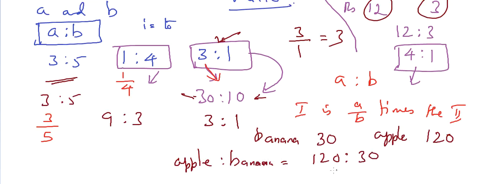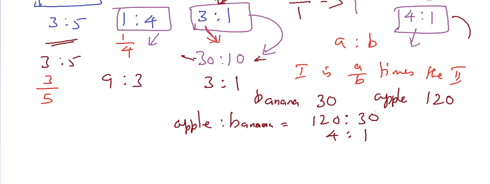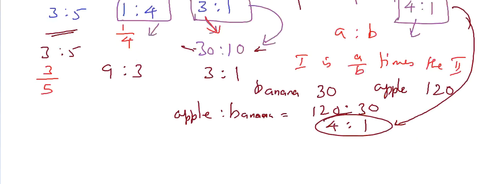If simplified, you will get the same ratio, 4 is to 1. So even in this case, the ratio between the cost of 1 pen and 1 eraser is 4 is to 1. Here 1 kg of apple and banana is also 4 is to 1. So from the ratio we cannot make out the actual cost. We require more information to find the individual costs of apple and banana or pen and eraser.